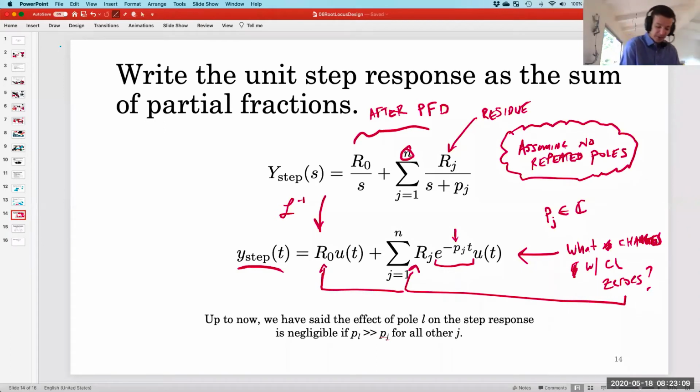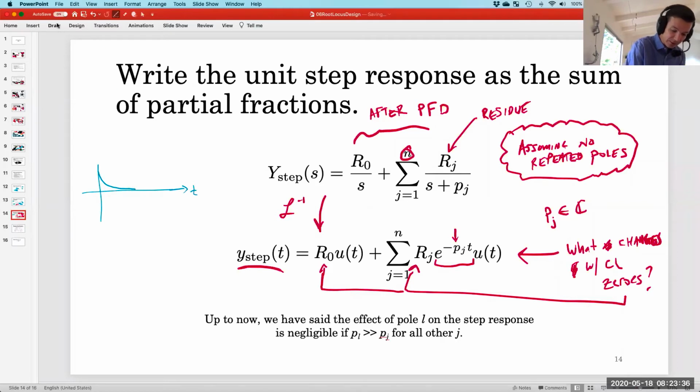Okay, so maybe that didn't sit well with you the first time we saw it, but if I've got two of these terms, and I'm just going to take two of them, because if I can compare two, then I can repeat that exercise for the rest. And one of the terms has a time constant like this, say.